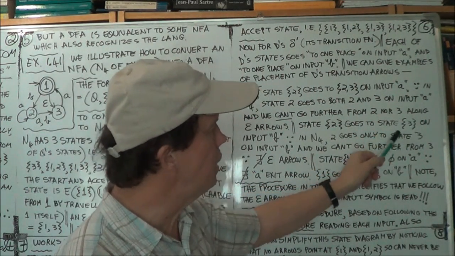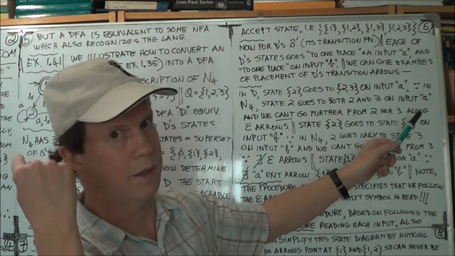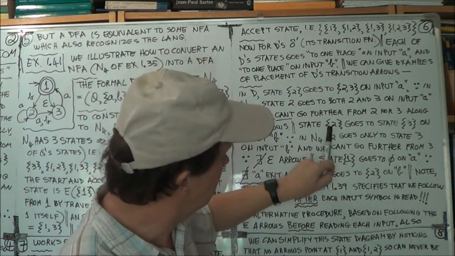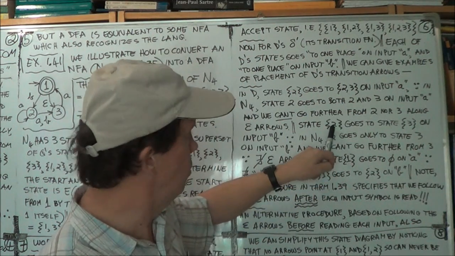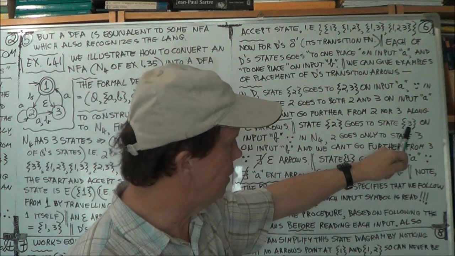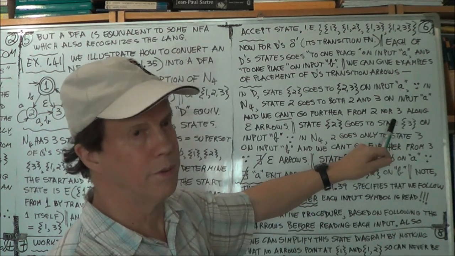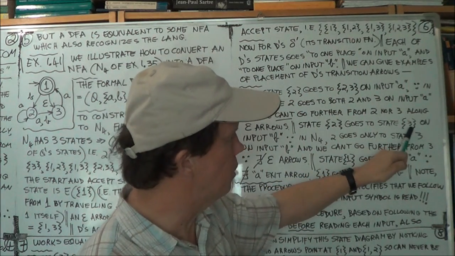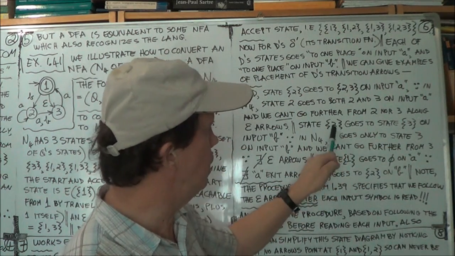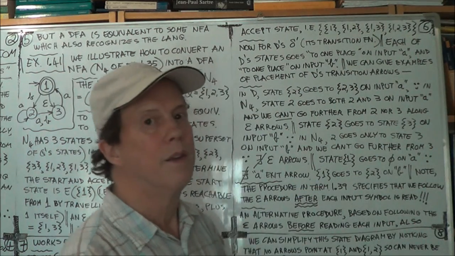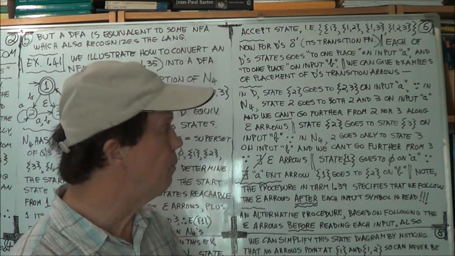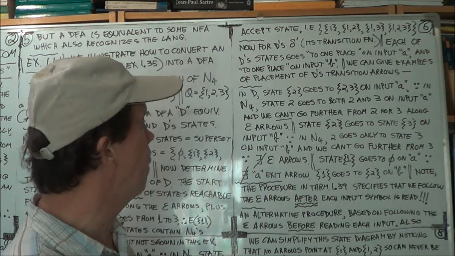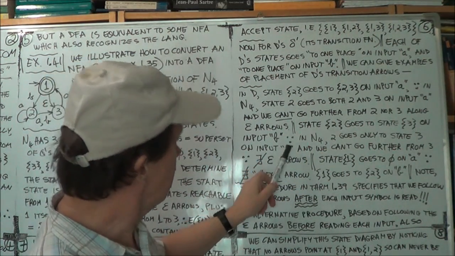So the D state equivalent to that NFA situation would just be {3} here. Okay. So the NFA state 2 will go to NFA state 3, and that's modelled, if you like, by the DFA with a set. So we only have one machine. We had one machine here, and now we still only have one machine, one NFA processing. Okay, so that goes to that when the input's B. Why is that?